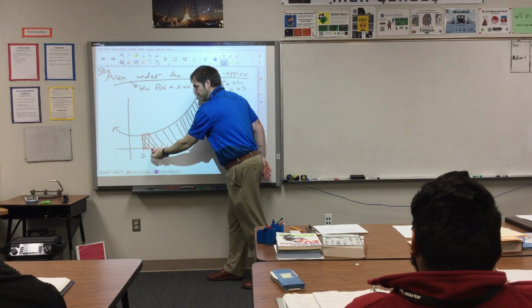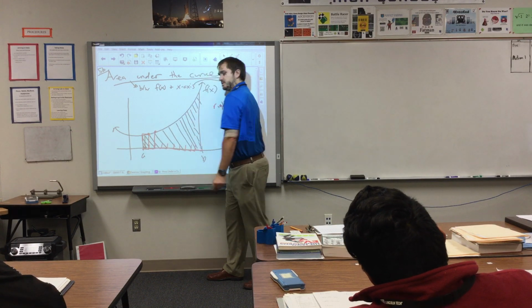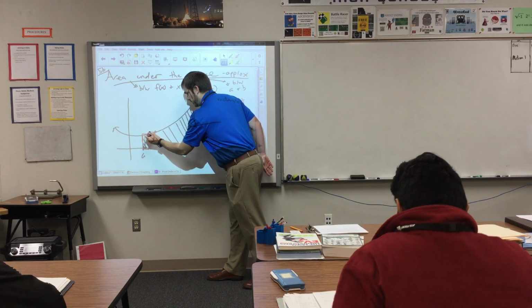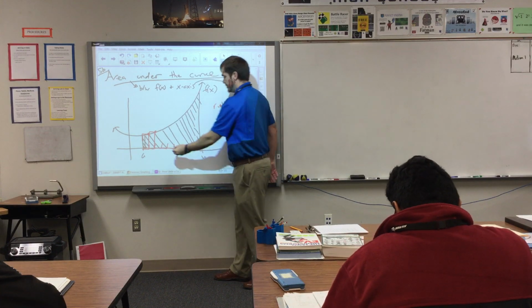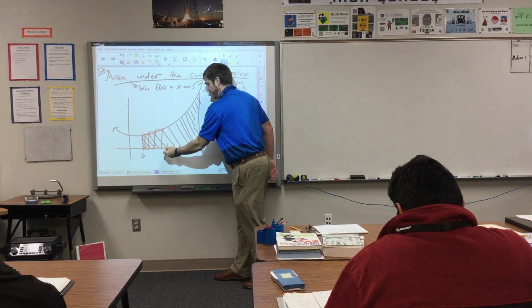And then with this rectangle right here, I'm going to pick the right endpoint and go up. And that's going to be the height of my rectangle. I'll go completely horizontal. Same thing here. I'm just going to be consistent all the way across. I'm going to choose the right endpoint.